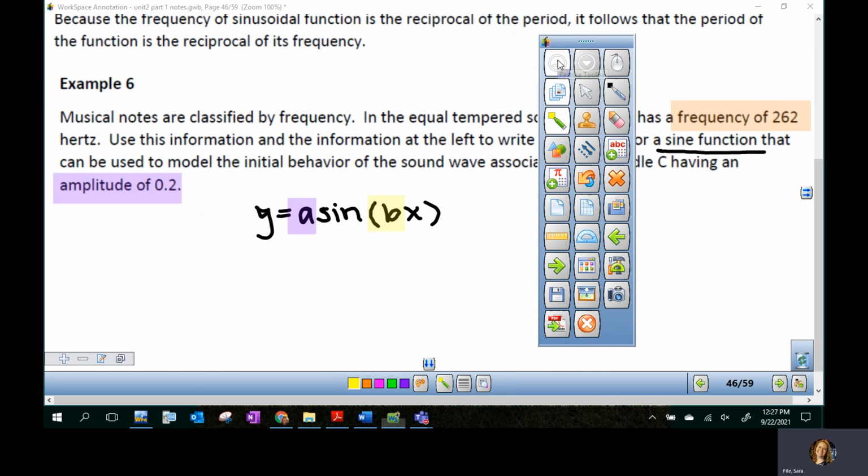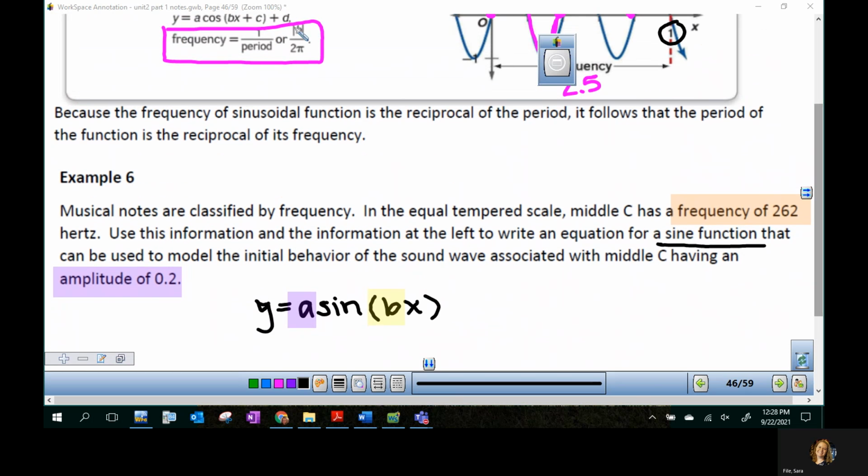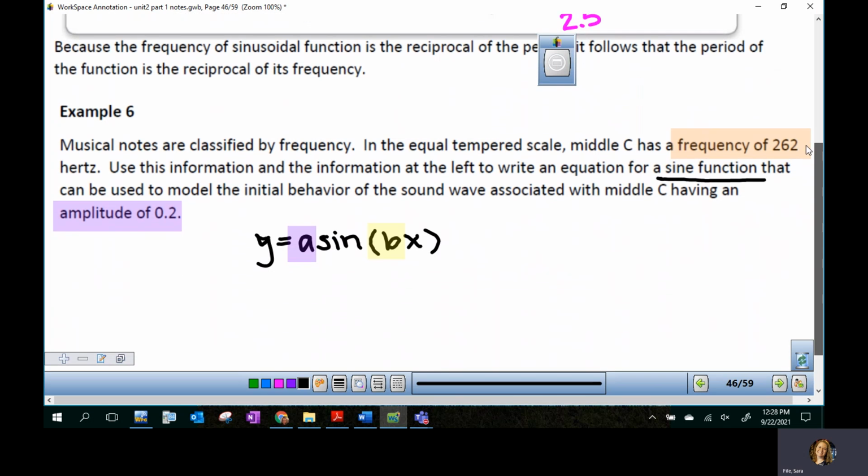What is frequency? How do I find frequency? What was that equation up there? Frequency is the absolute value of B over 2 pi, and I want to know B. So I'm going to plug frequency in here for the F. So 262 equals B divided by 2 pi.